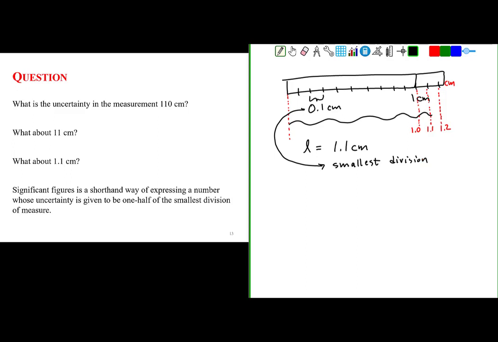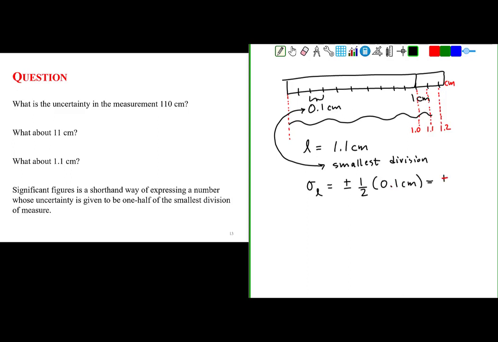Since that is our smallest division of measure, and since we feel that we could reliably report to the nearest half of that, we could specify our uncertainty as plus or minus 1/2 of 0.1 centimeters.